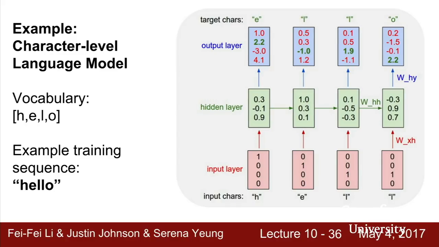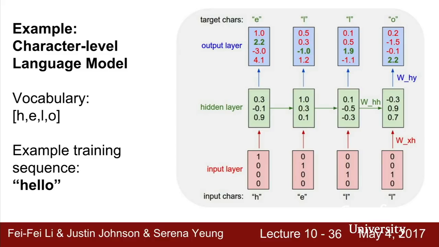In this example, the correct output letter was E, because our training sequence was hello. But the model is actually predicting, I think, O as the most likely letter. So in this case, this prediction was wrong, and we would use a softmax loss to quantify our unhappiness with these predictions. And now at the next time step, we would feed in the second letter in the training sequence, E, and this process will repeat.